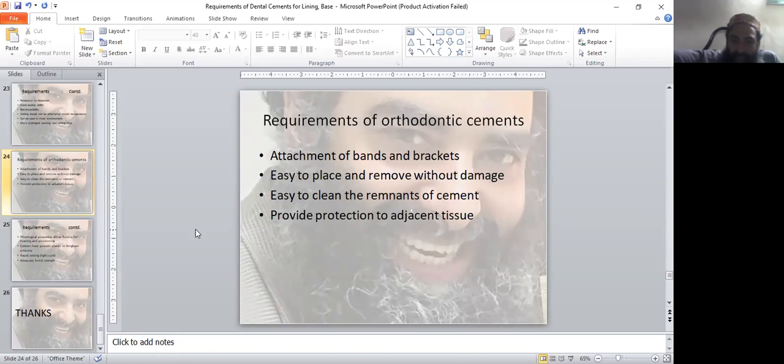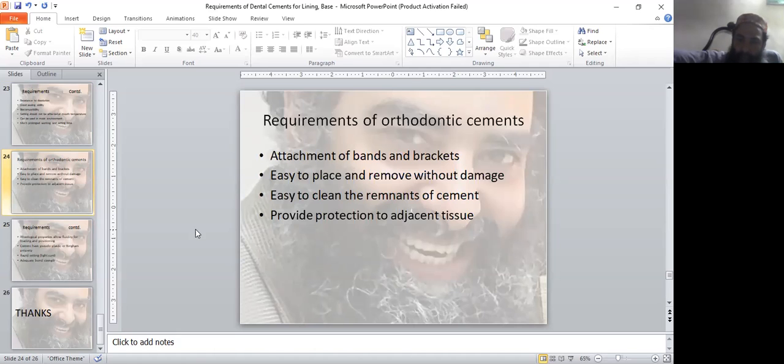The attachment of these bands and brackets should be easy to place and remove without damage to the tooth structure. If the band or bracket is damaged, it's okay, but it's also not desirable to damage them. But the prime importance is the tooth structure, and it should be easy to clean the remnants of the cements.